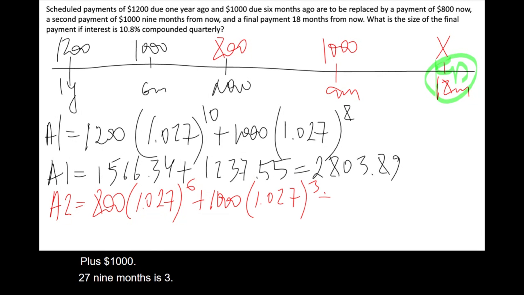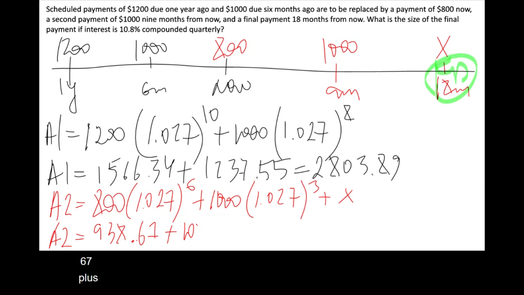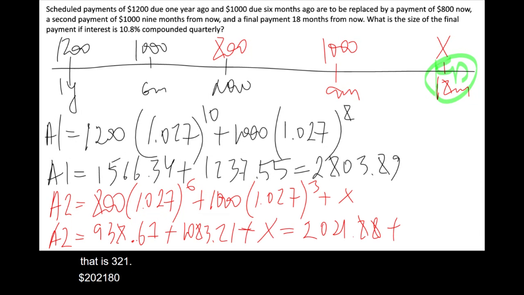Okay, plus X. A2: 938.67 plus 1083.21 plus x. So 938.67 plus 1083.21 is $2,021.88 plus x.